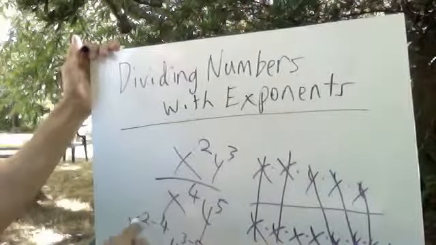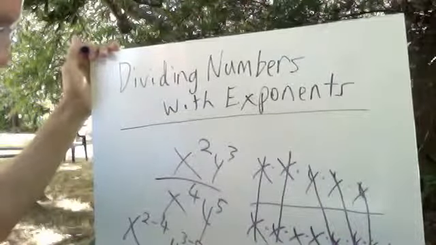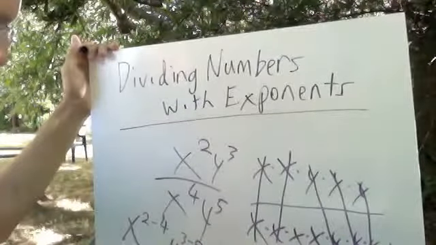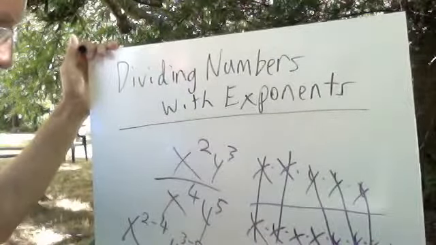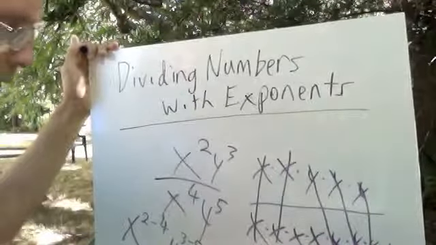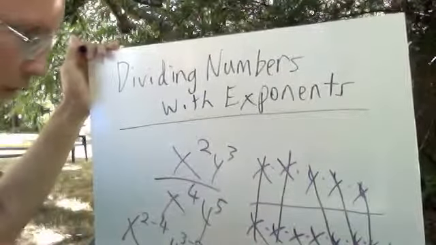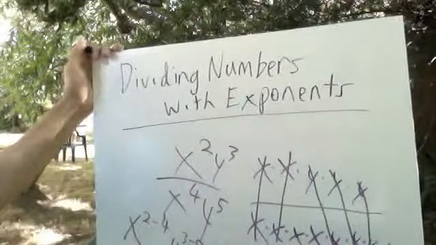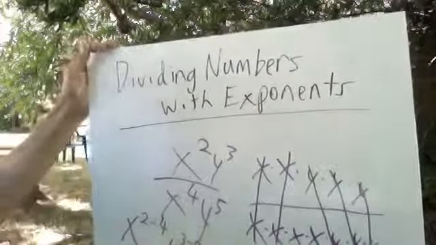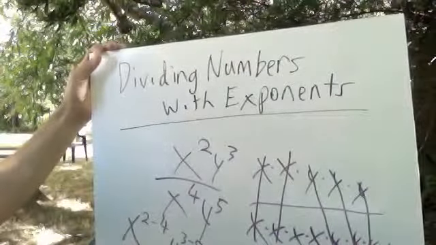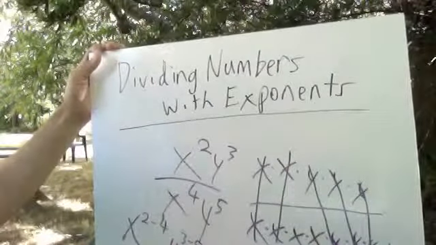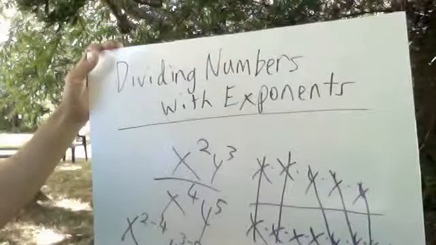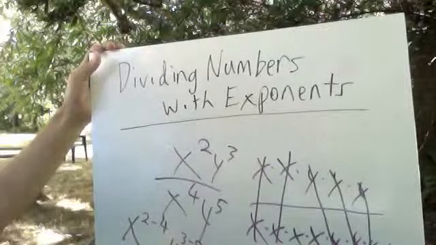So this gives me x to the negative 2, y to the negative 2. These two things are the same. If you have a negative exponent, it's the same thing as the reciprocal of that, but you make the exponents positive now.